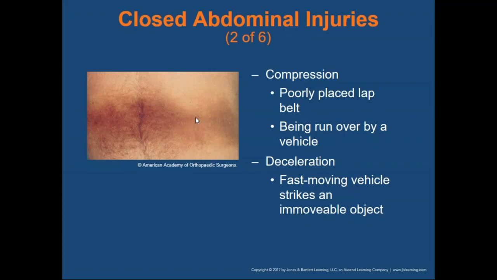Here's some discoloration. That's called ecchymosis, that kind of bruising across the abdomen that causes compression injuries. You can have a restrained driver in a vehicle that has a poorly positioned seat belt and have a rapid deceleration that can cause that contusion across the abdomen with that ecchymosis.